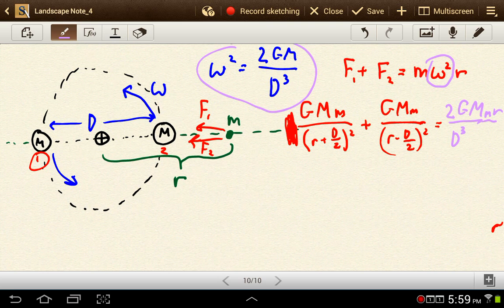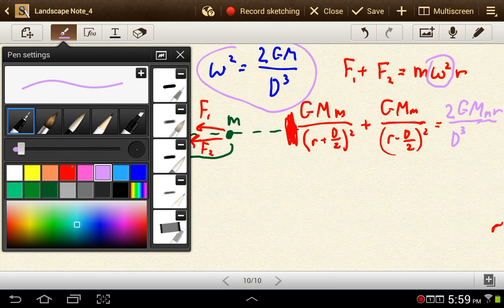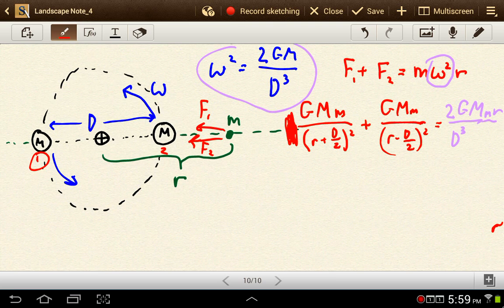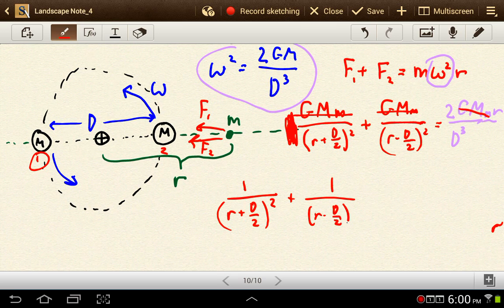So now you can cancel, and what you'll get is 1 over (r plus d over 2) squared plus 1 over (r minus d over 2) squared equals 2r over d cubed.